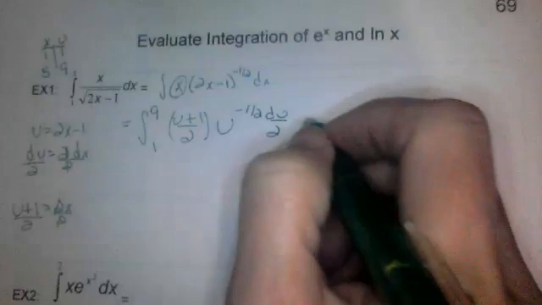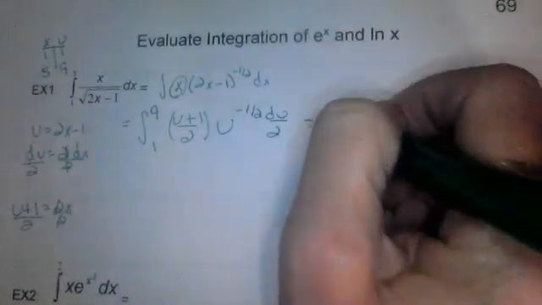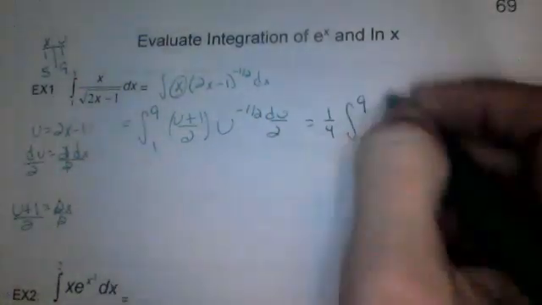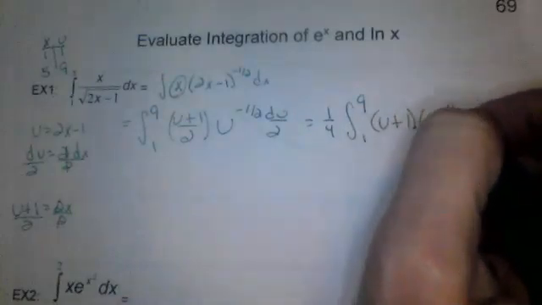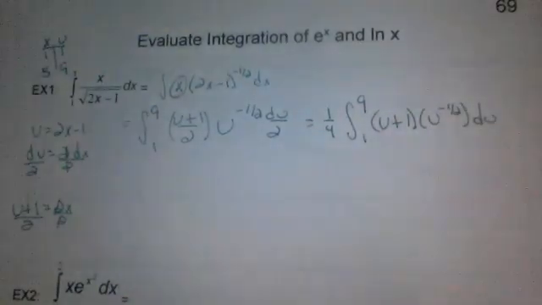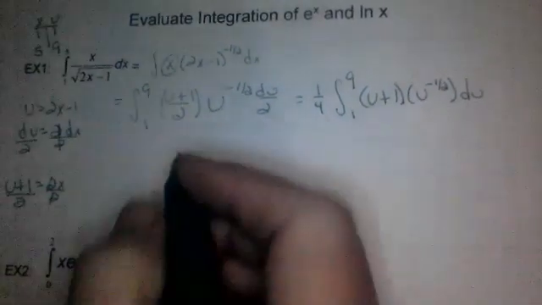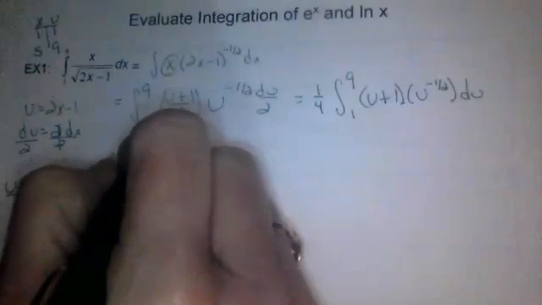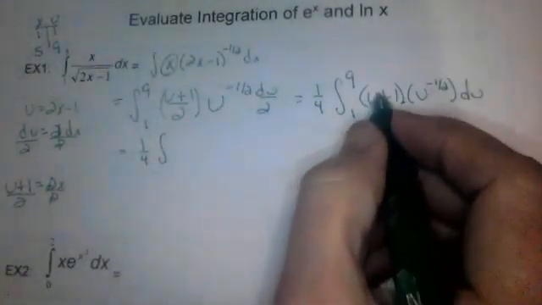All right, so when I take out this half and this half, I have 1/4 times the integral from 1 to 9 of u plus 1 times u to the negative 1/2 du. And so now I need to distribute that. So I'm going to have 1/4 times the integral, and u to the first times u to the negative 1/2.